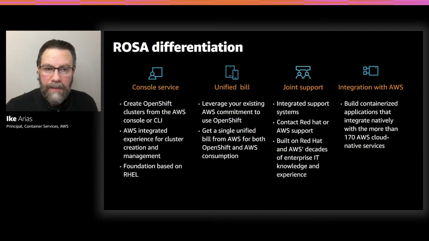And for support, you can also go straight to AWS, and AWS will handle all your escalations. So it's really a one vendor option for running OpenShift. We're also working with Red Hat on expanding some of the integrations with other AWS services in the future. Now I'm going to hand it off to Jeremy to show us a little bit more about what an OpenShift cluster in ROSA looks like running in one of your accounts.